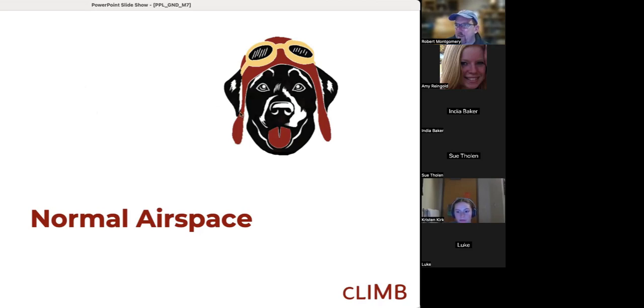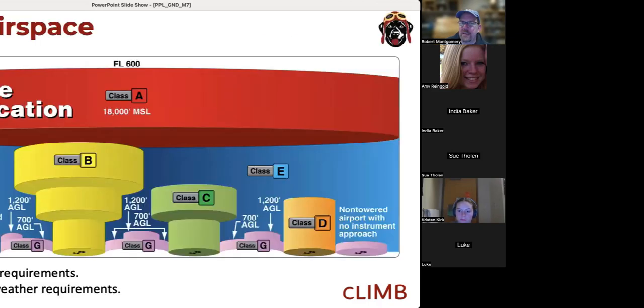Okay. So this is kind of the big picture. When we start getting into airspace, a big part of what airspace does is define how we separate ourselves from other aircraft, what the cloud clearance requirements are, and what the visibility requirements are that we have to deal with. You're going to see this exact chart on just about every FAA publication, I swear.